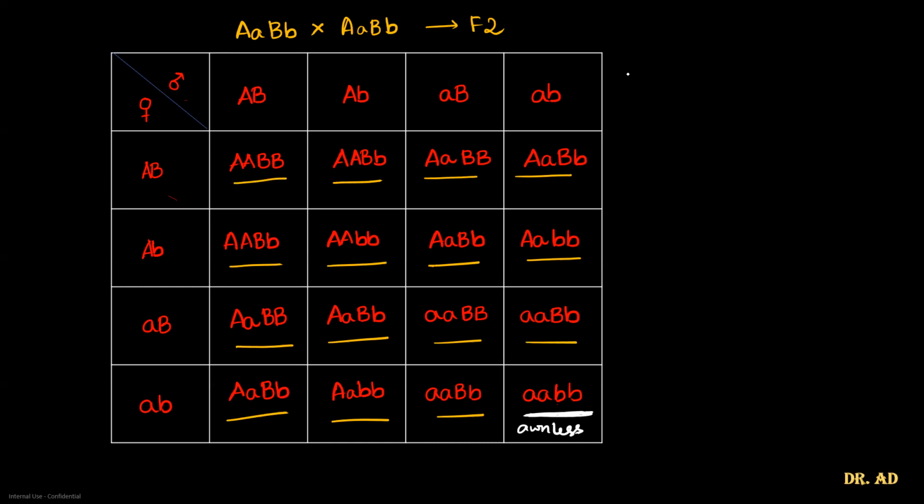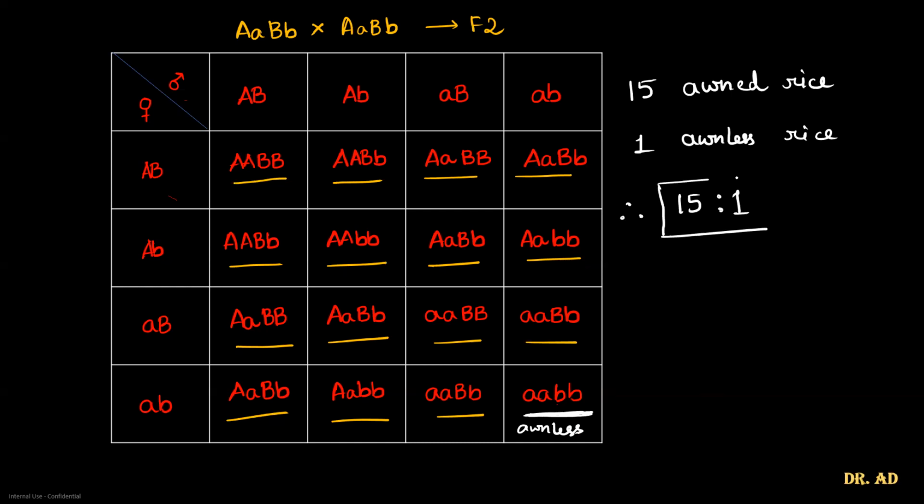What conclusion can be drawn from here? 15 "on" rice and 1 "onless" rice. Therefore, the ratio is 15:1. Our 9:3:3:1 ratio gets modified to 15:1.